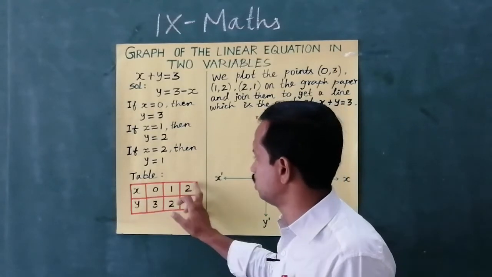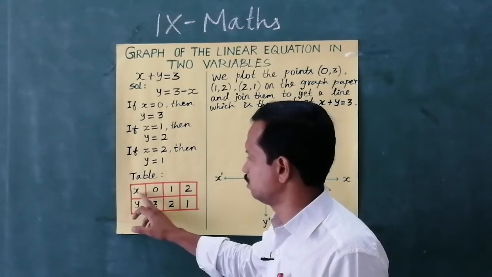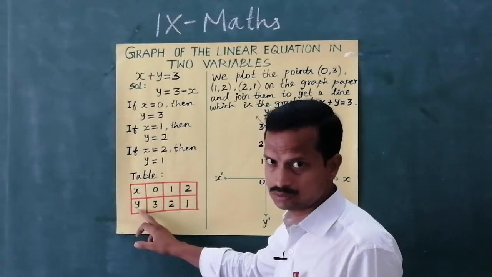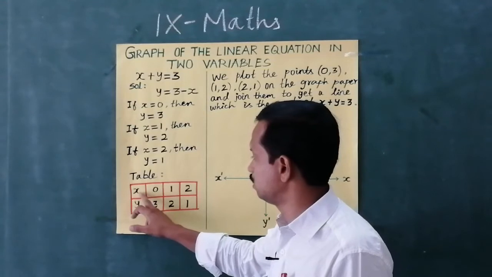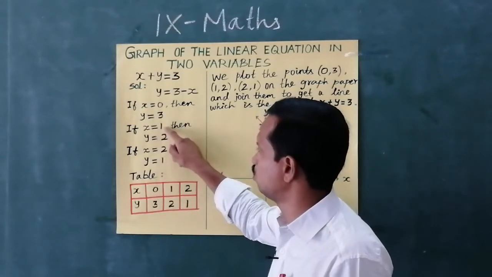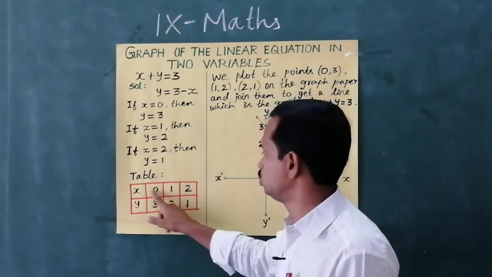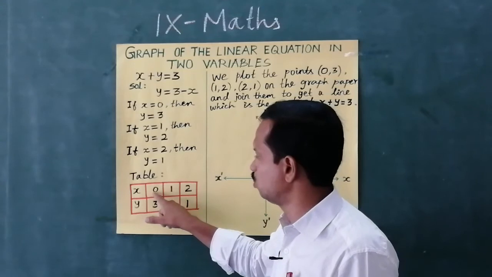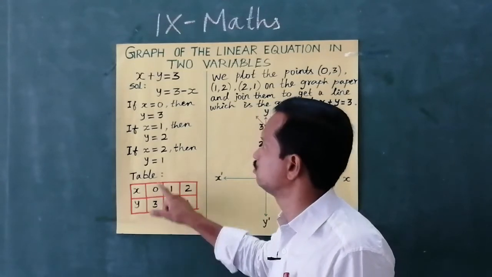And you have to draw a table. So x, y, you have to write like this, and under x you have to write 0, 1, 2. These are the assumed values of x. For x equal to 0, y is 3, that you know.